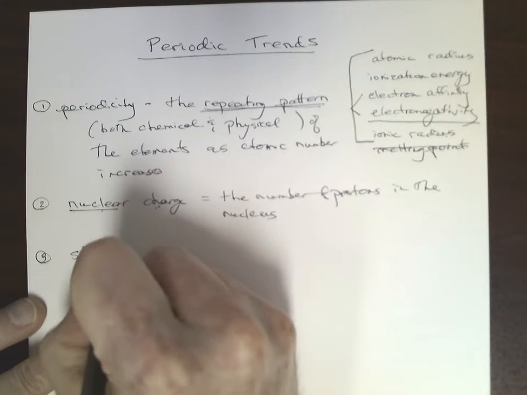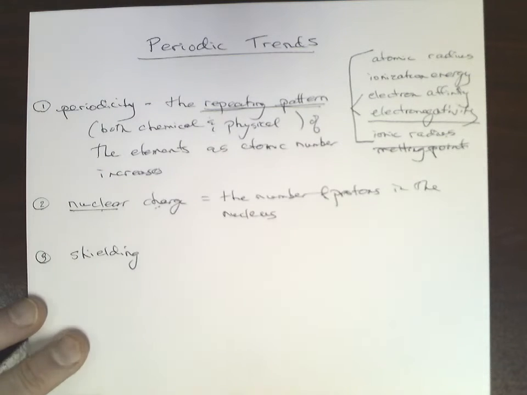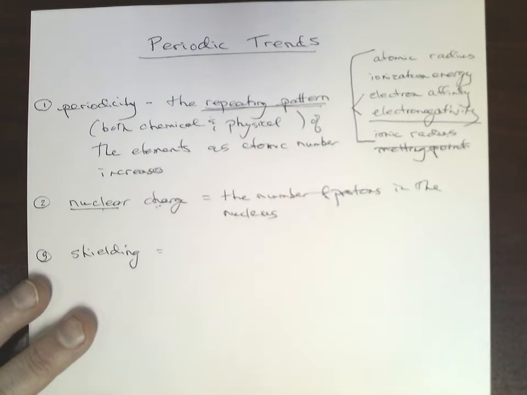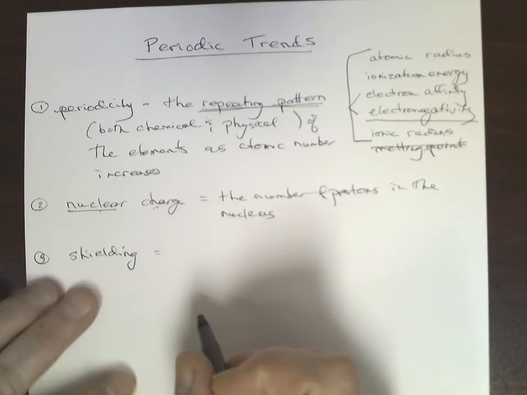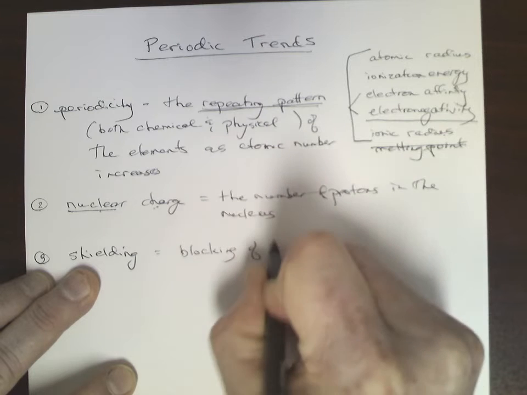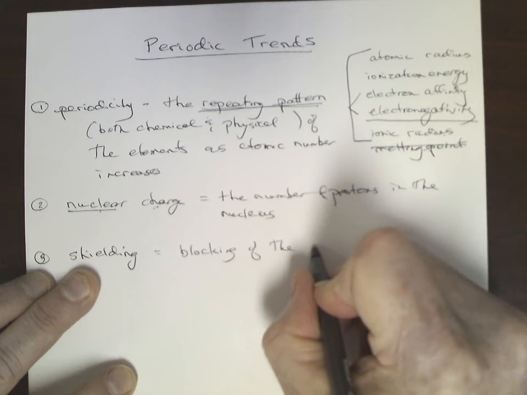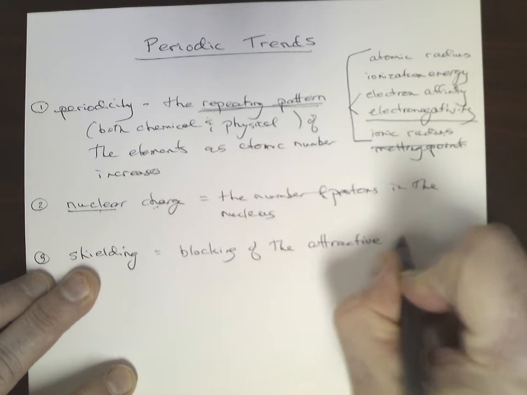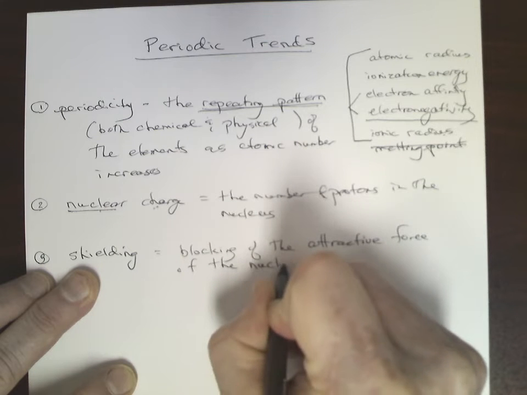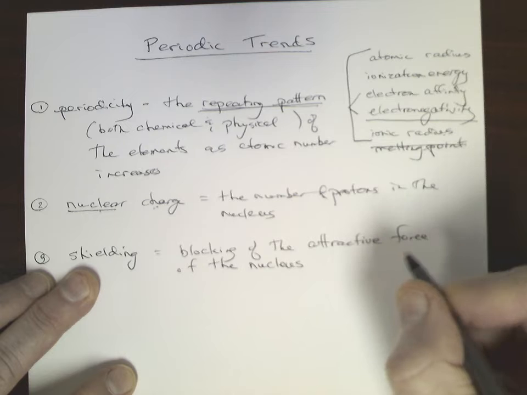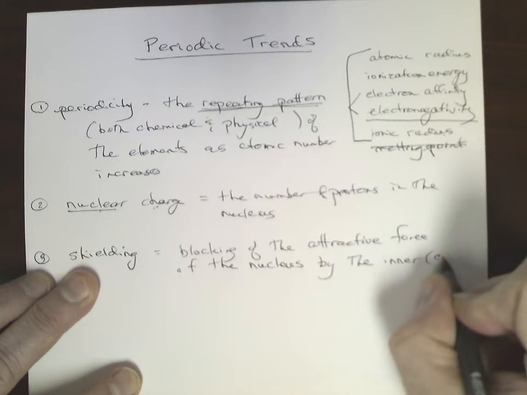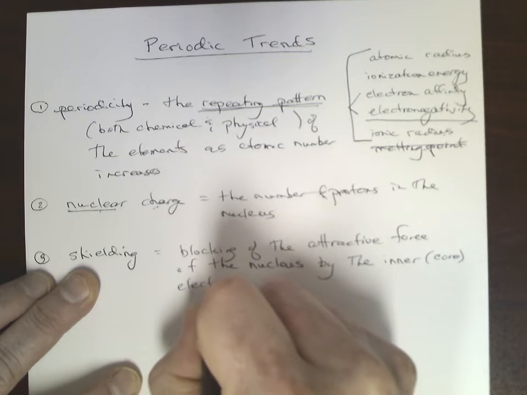Next comes shielding. And I heard many of you talk about shielding in our last unit. I heard some misconceptions, so let's define it carefully. Shielding is the blocking of the attractive force of the nucleus by the inner or core electrons.